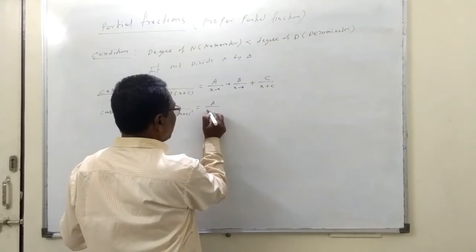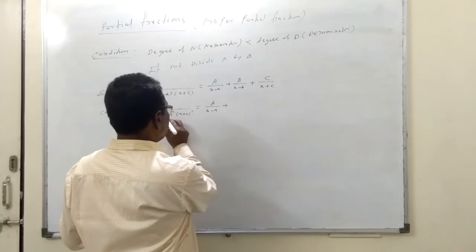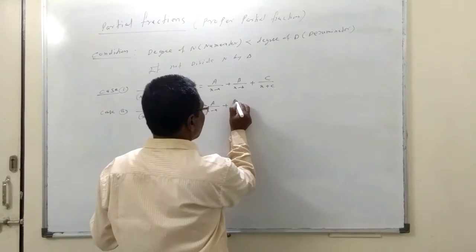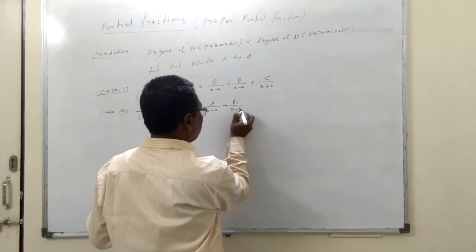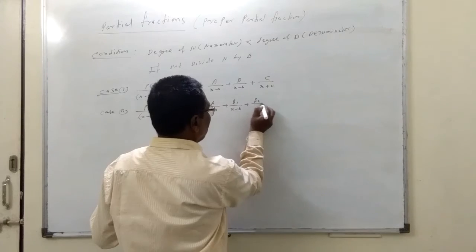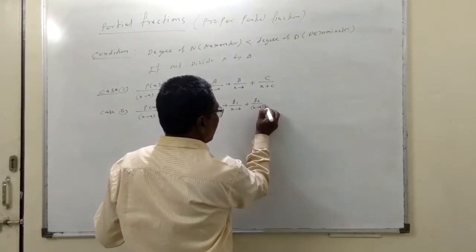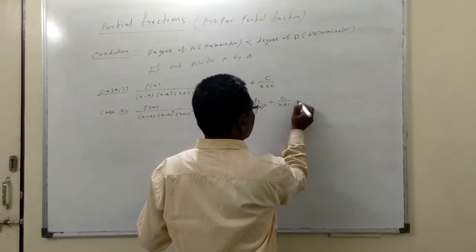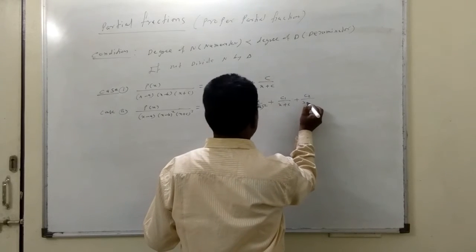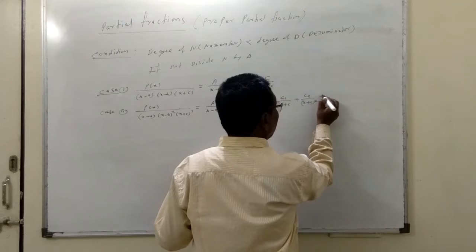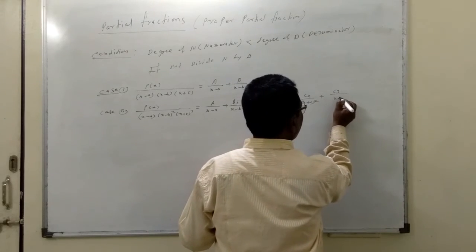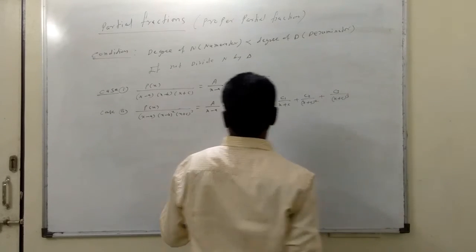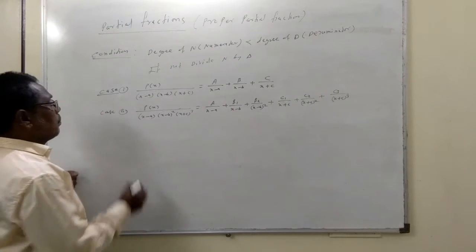A upon x minus a, plus, since the second factor is repeated twice, we take two constants: B1 upon x minus b plus B2 upon (x minus b) square, plus C1 upon x plus c plus C2 upon (x plus c) square plus C3 upon (x plus c) cube. In this way, we will take the partial fraction.